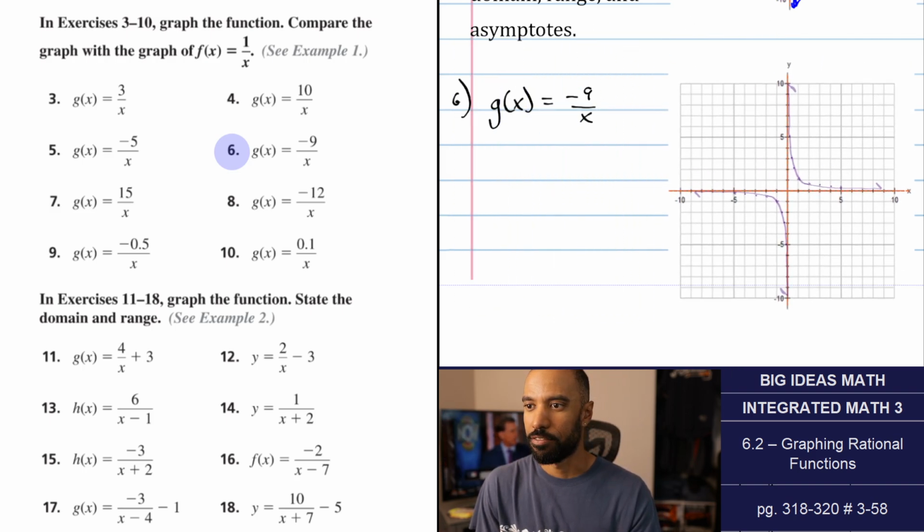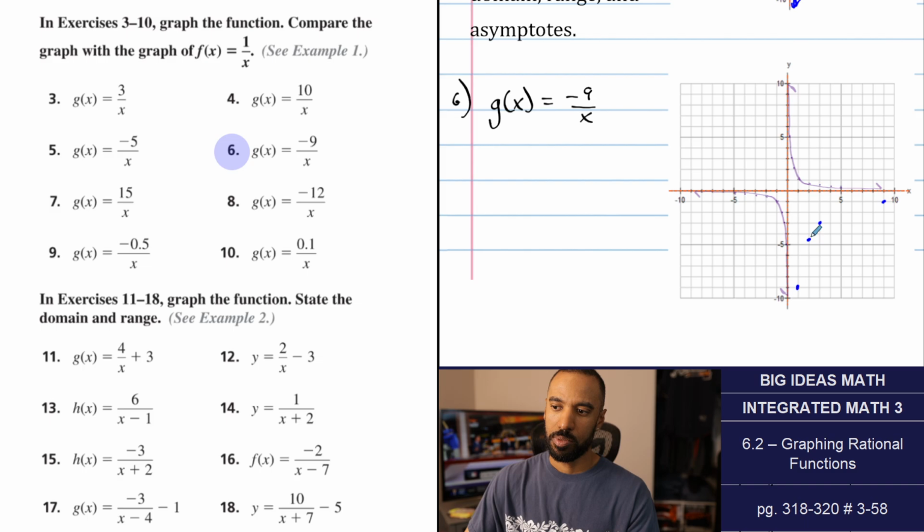Okay. -9 can divide by some numbers. -9 can divide by 1 to get -9. Divide by 2, you'll get -4.5. Divide by 3, you'll get -3. So I'll work that one out. And then divide by 9, you get -1. So those are some. Now, that also means if you divide by 4.5, you'd also get -2.